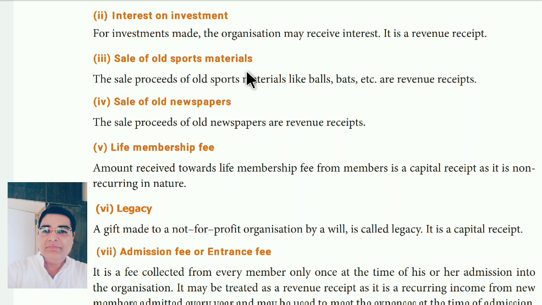Then sale of old sports materials. The sale proceeds of old sports materials like ball, bat, etc. are treated as revenue receipts. Sale of old newspapers. When you are selling newspapers, whatever income you get comes under revenue receipt.